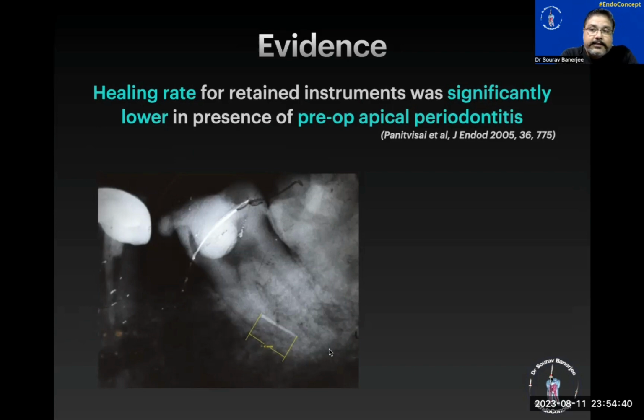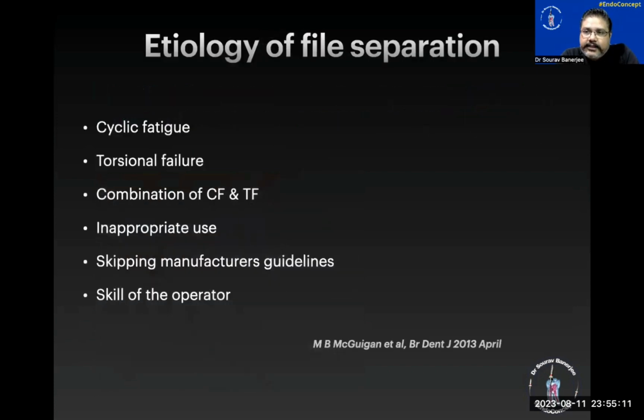The tooth was symptomatic, and that reason compelled us to contemplate retrieval in this particular case. According to the evidence, if there is apical periodontitis, there is the influence of the exotoxins and endotoxins of the microbes on the periapical tissues, hence the patient is having apical periodontitis, and it may aggravate if the instrument is retained.